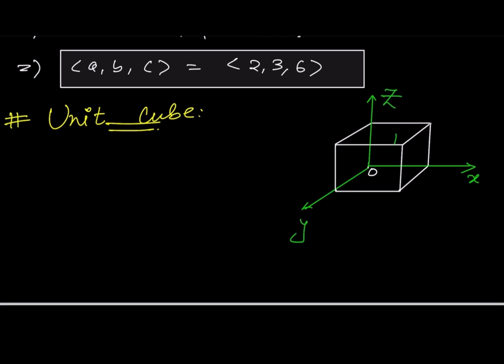Let's see, this point is P. If each side is 1 unit, so coordinates of P will be 1, 1, 1. Coordinates of origin is 0, 0, 0. Let's say xy plane. In xy plane, it is P here.